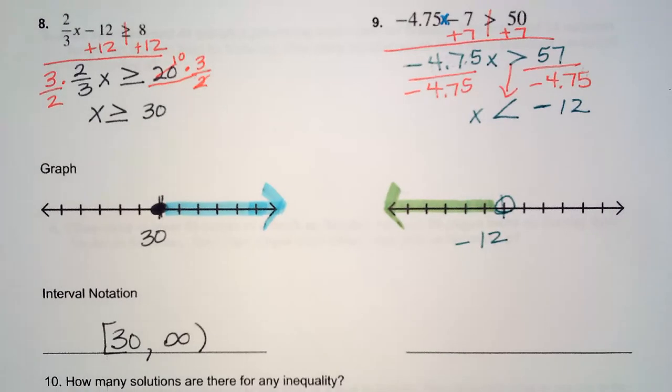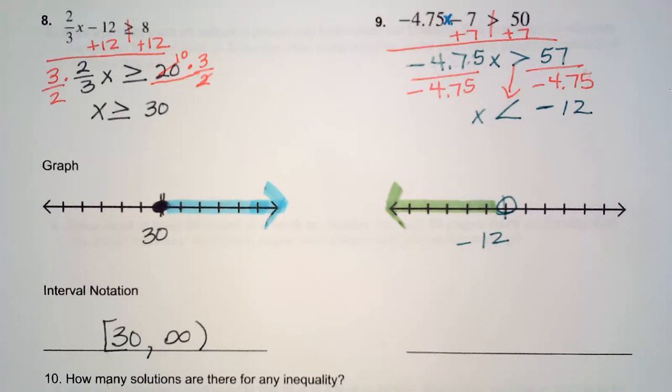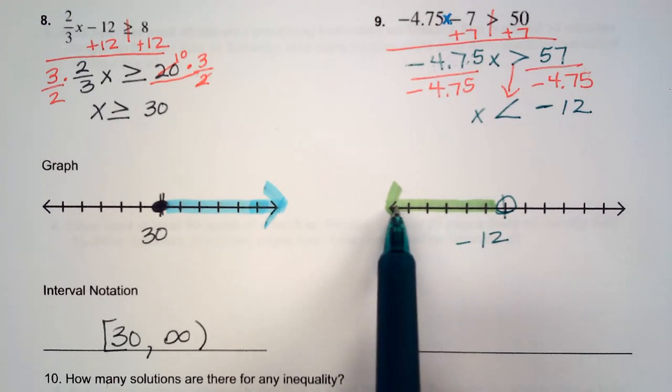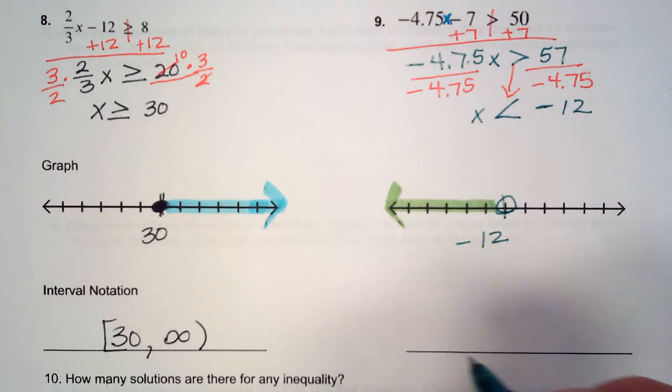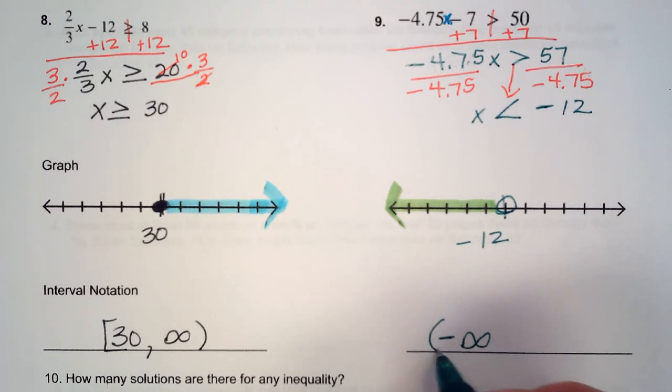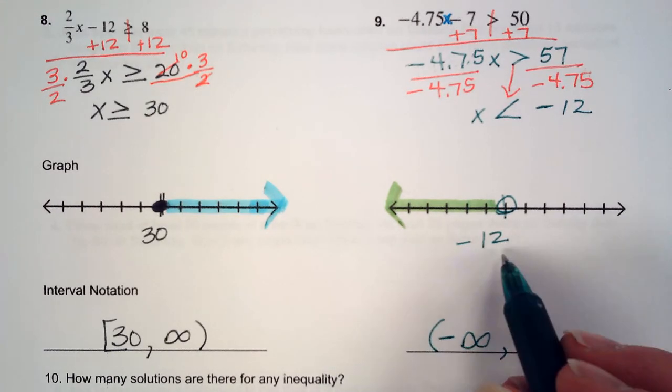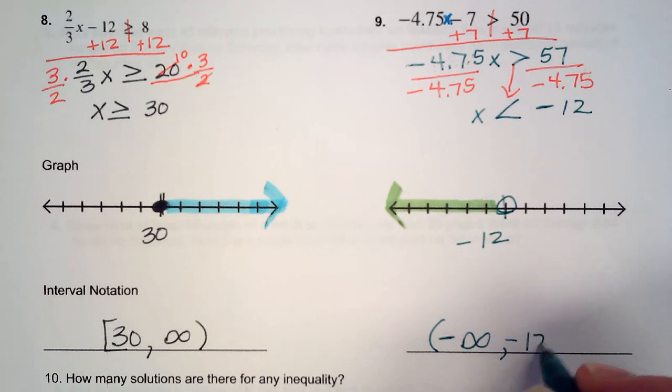We're still thinking of Buzz Lightyear, but this time it goes in the what direction? The negative direction, negative infinity with a parenthesis, and it stops at negative 12. Is negative 12 open or closed? It's open. That gives us a second parenthesis, and we're done.